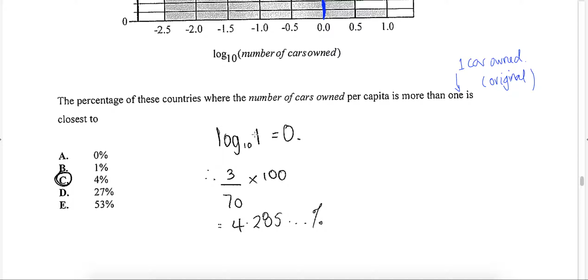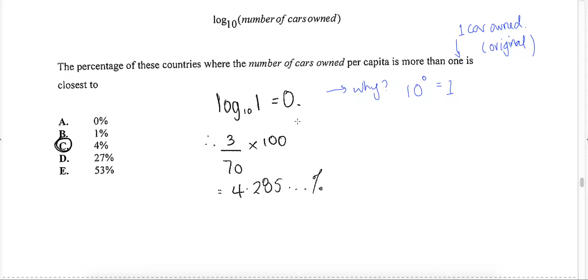So log 10 of 1. Now that's going to be equal to 0. Why is that? That's because 10 to the power of 0 equals 1. So like I was doing before, 10 to the power of this number will be equal to that one there. So we get a log value of 0.